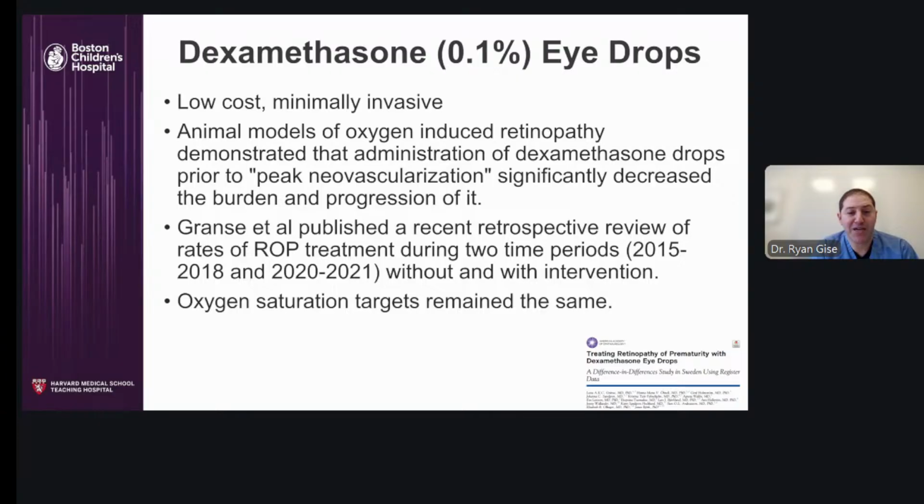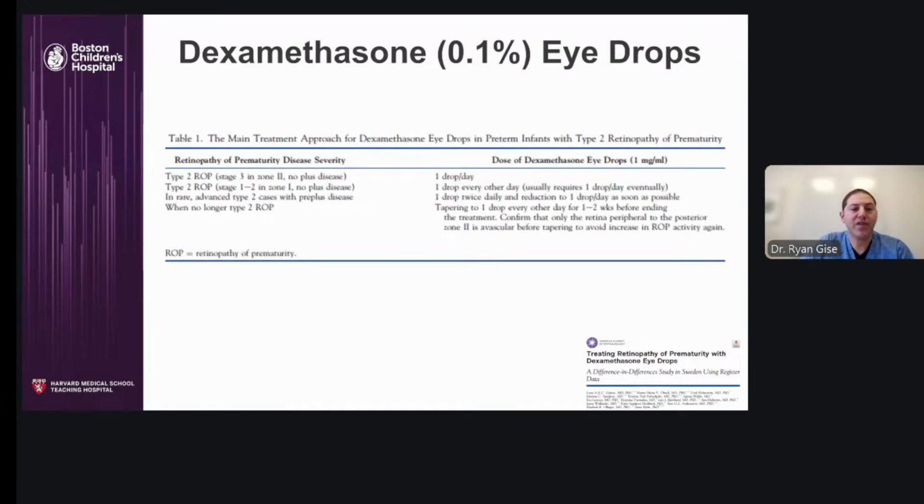Grant et al. published a recent retrospective review. This is the study in Ophthalmology, covering two time periods: 2015 to 2018, when they were not using dexamethasone drops, and 2020 to 2021, when they were. As I mentioned, type 2 ROP got one drop every day when there was stage 3 in zone 2.